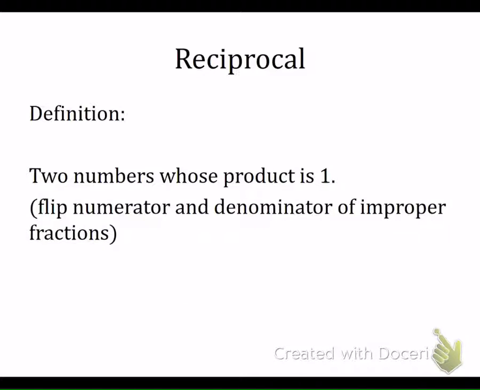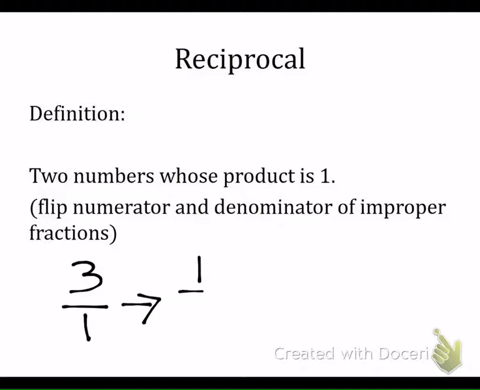The definition of reciprocals. It kind of makes it more confusing than it needs to be. Reciprocals are two numbers whose product is 1. You basically flip the numerator and the denominator of a fraction. So if I want the reciprocal of 3, first you make it a fraction, then you flip it.